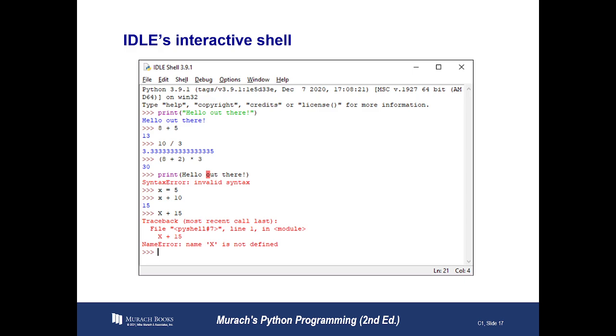You can assign a variable and then print it. So it gives you an interactive environment similar to the command line, but more specific to Python, manipulating Python elements, statements, and expressions.